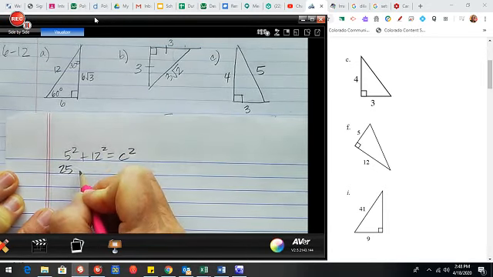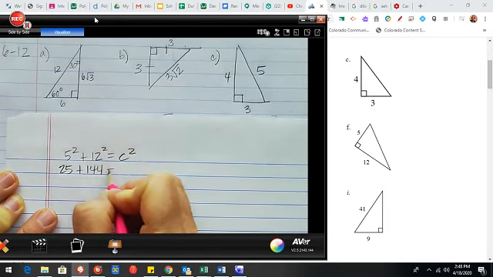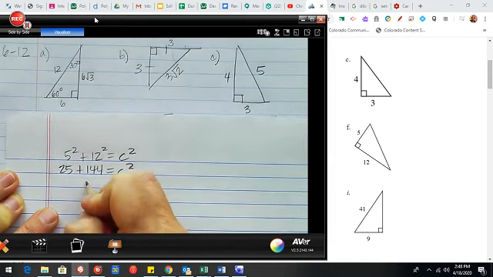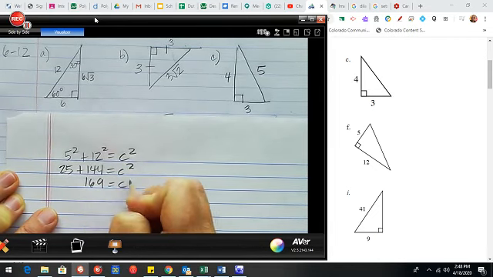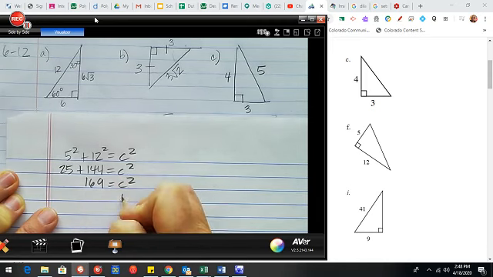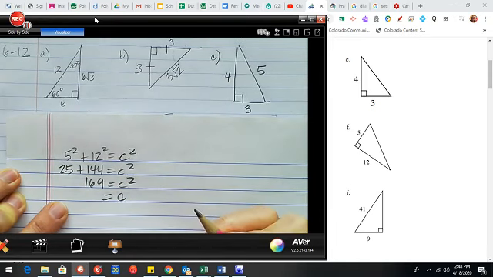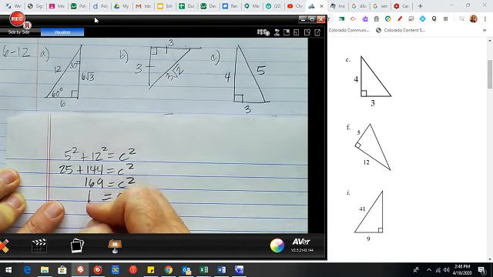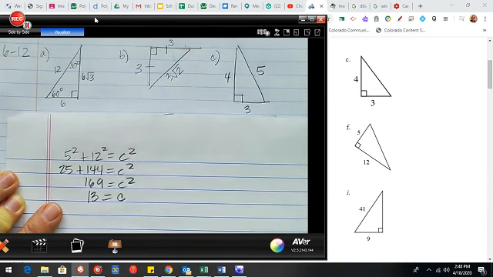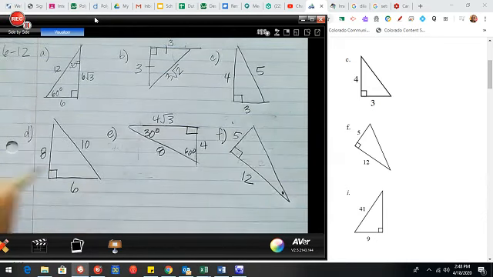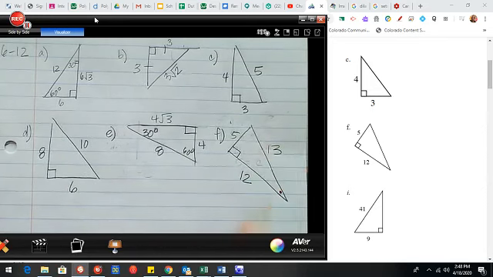So 25 plus 144 equals c squared. So 169 equals c squared. Take the square root of both sides, and the square root of 169 is 13. It's a perfect square. So my hypotenuse on F is 13.